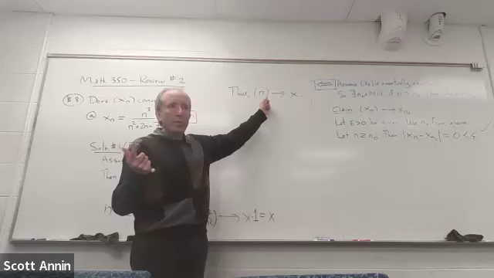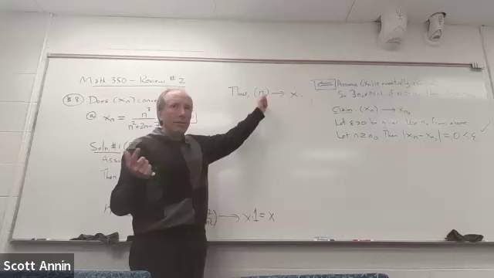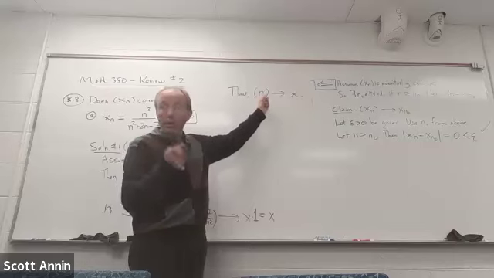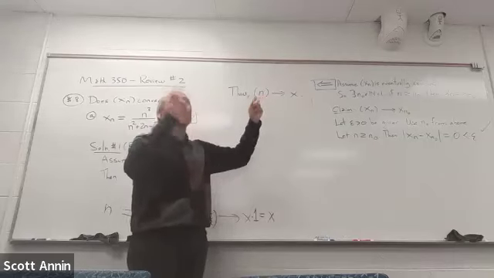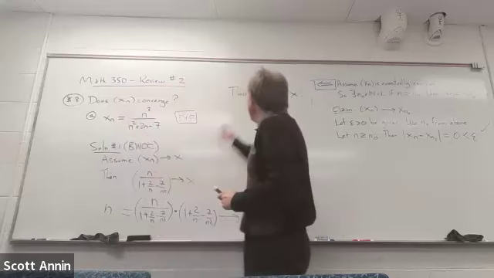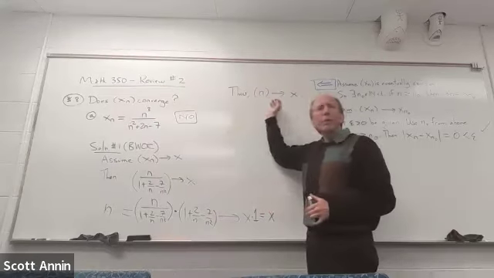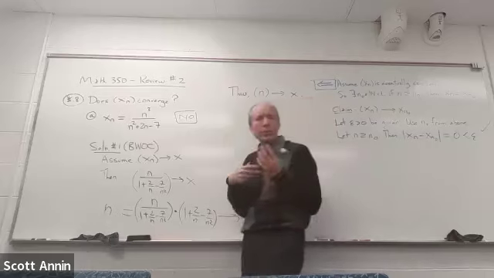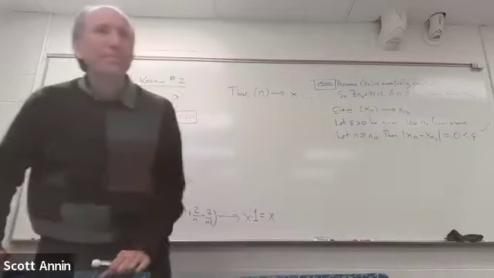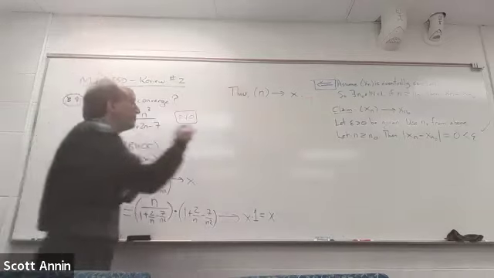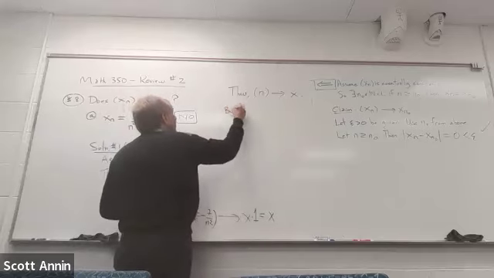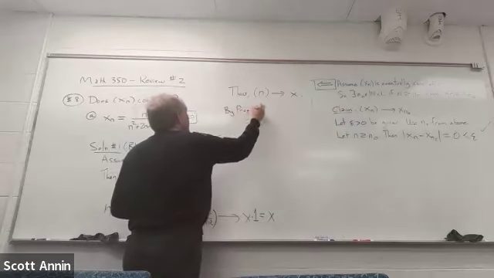It's monotone. I'm looking for a different word. Starts with a B. Bounded. It's bounded. It's unbounded, actually. Starts with a U. It's unbounded, right? What do we know about convergent sequences versus being bounded? I think it's Prop 3.2.